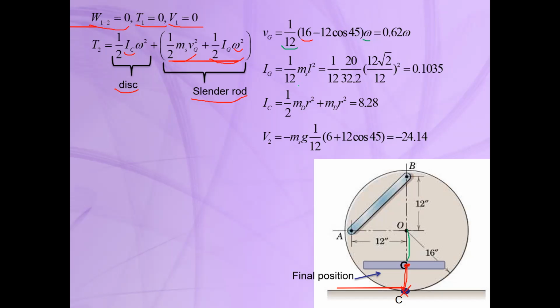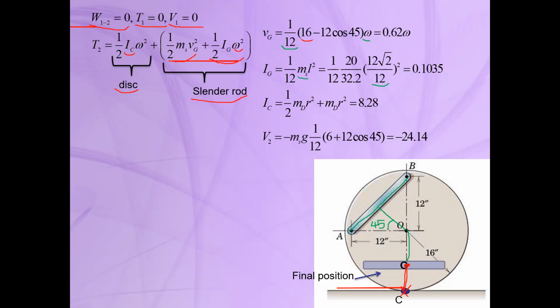Ig is the mass moment of inertia about the mass center for the cylinder, and it's equal to 1/12 m_s l squared. m_s is the mass of the cylinder, and L is the length of the cylinder. The length of the cylinder, you can easily calculate in this triangle, if we assume this angle is 45, yes?